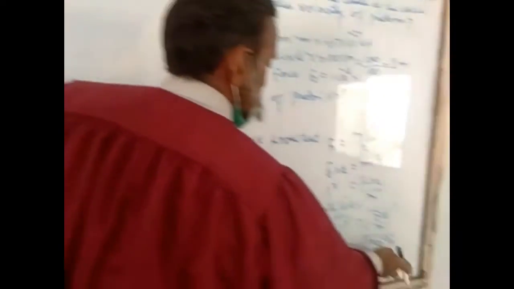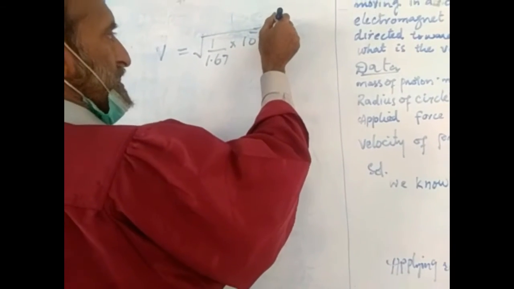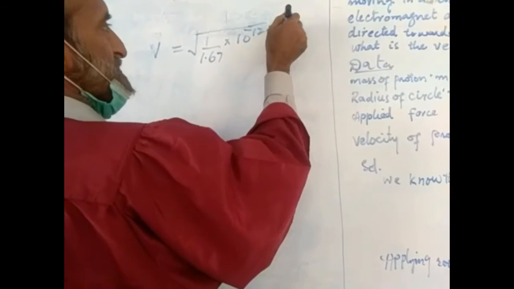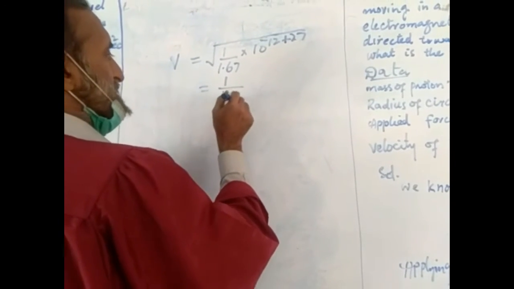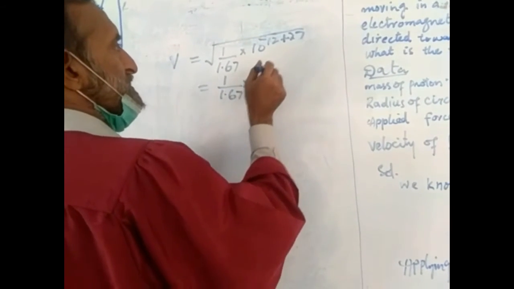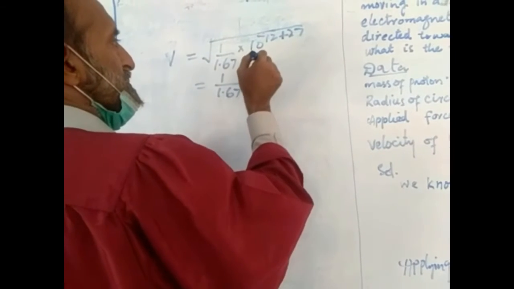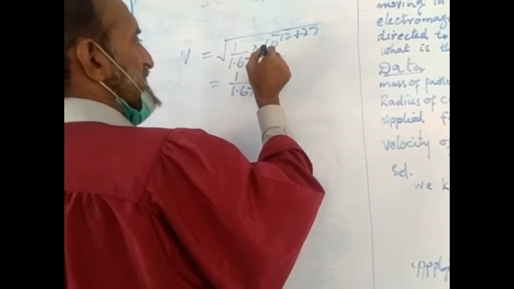This power is taken to the numerator, so it will become positive 27. 1 upon 1.67 into 10 power minus 12 plus 27, that is 15.